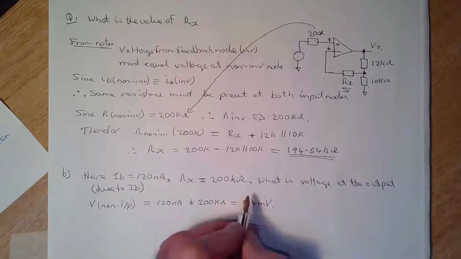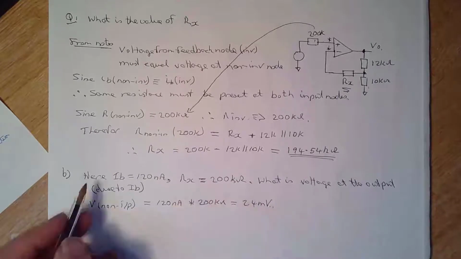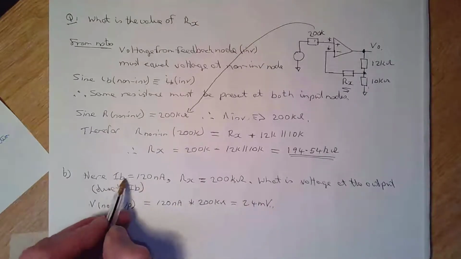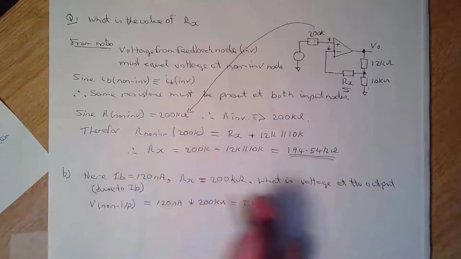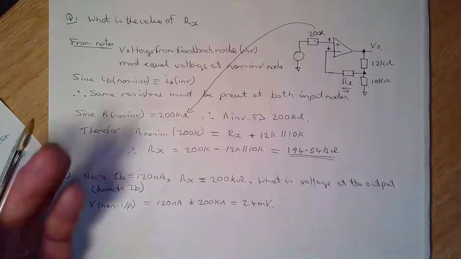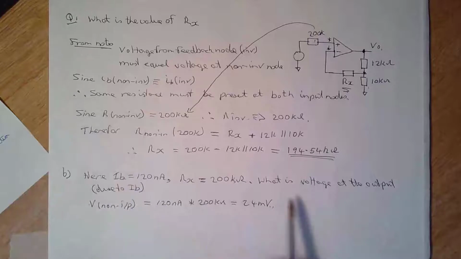Now we don't know whether this is plus or minus because we don't know what direction IB is flowing in, but it's not important which way it is as long as we're consistent. So let's just assume it's plus 24 millivolts.